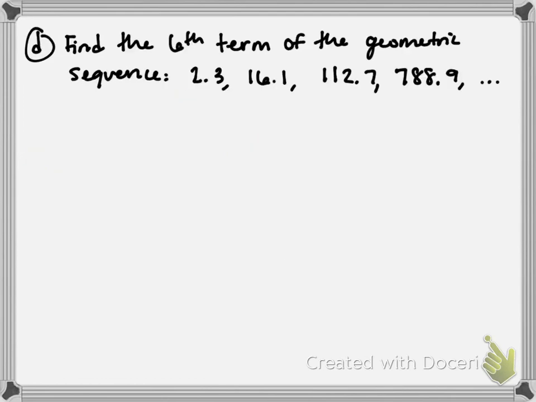Alright, how about an ugly decimal one? So the value of the 6th term is the first term times the ratio. So 16.1 divided by the previous term is 7, right? Again, you can do any of these. You could do 112.7 divided by 16.1, and you'd still get 7.